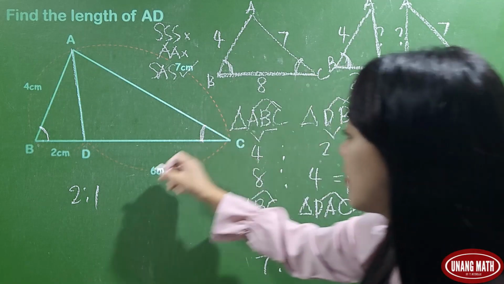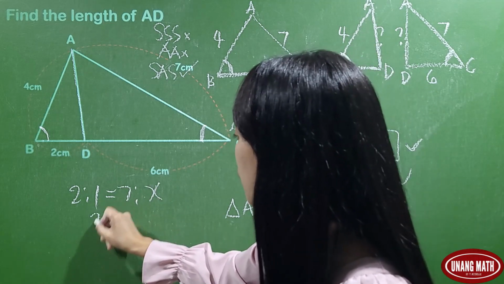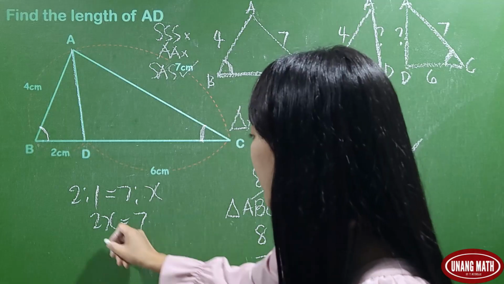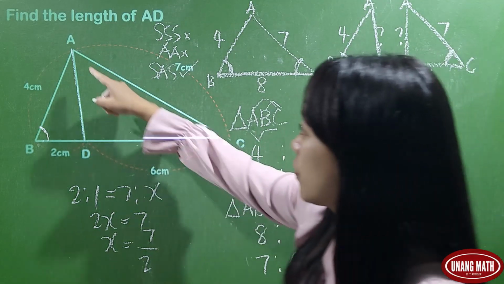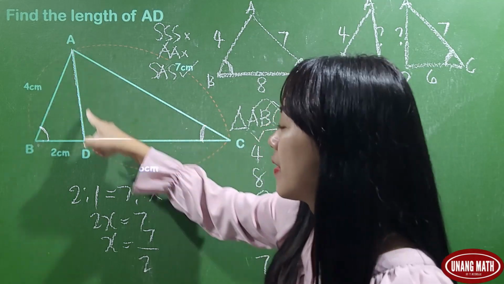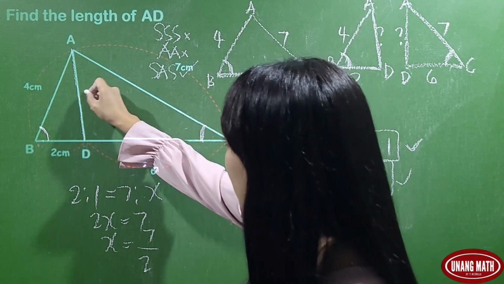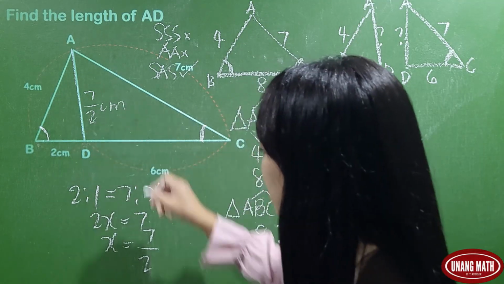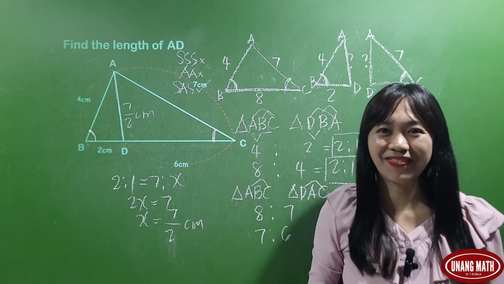So AC is 7. So it's to X. So this is now 2X is to 7. So it means X is 7 is to 2. So the measure of this side of this triangle is 7 over 2 centimeters. So that would be the length of AD.